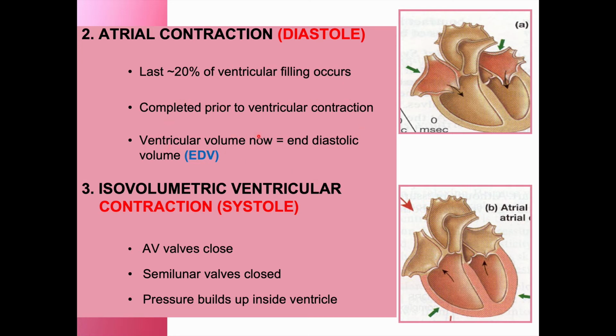The ventricular volume now is this end diastolic volume. You have to know at the time of end of diastole, the blood that remains in the ventricle we call it as end diastolic volume. Okay. Then isovolumetric ventricular contraction takes place where both these valves will close and the blood will rush through these great vessels.